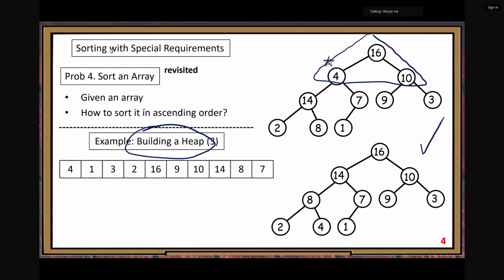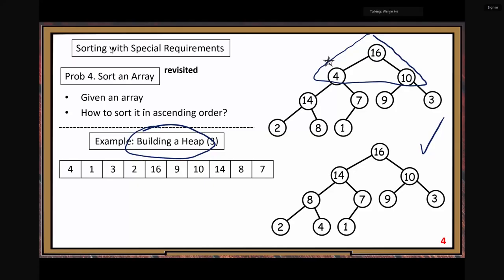If the building cost is already n squared, you cannot continue. That's already the worst we can get for a sort.